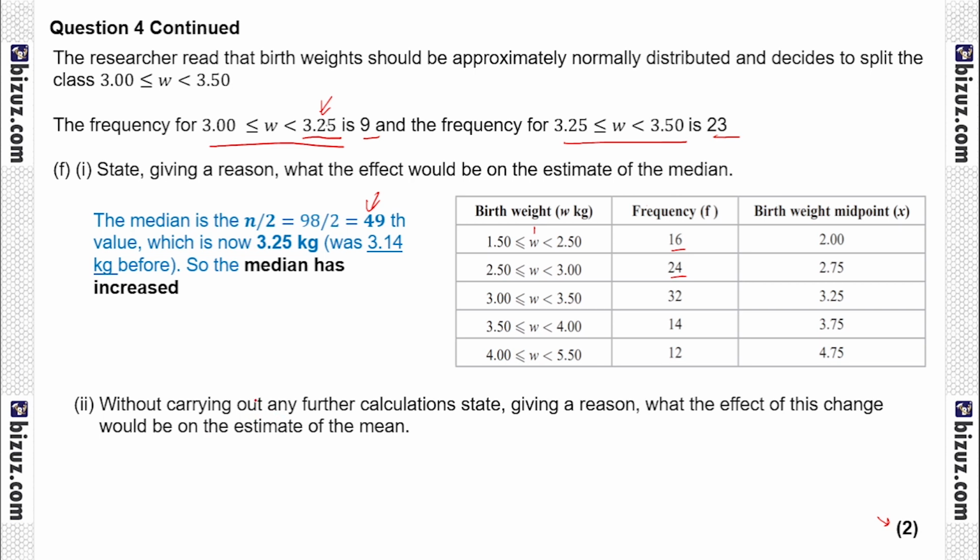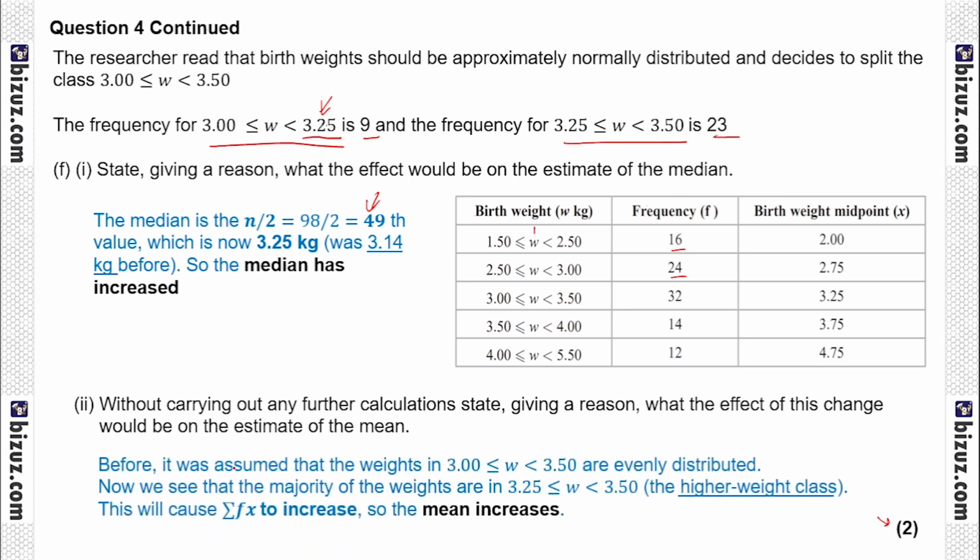So this was our assumption for finding the mean previously. Before, it was assumed that the weights in this class are evenly distributed, the same as for every class, so we could take the midpoint, which is 3.25, as representative. However, now we see that the majority of the weights are in 3.25 to 3.5.